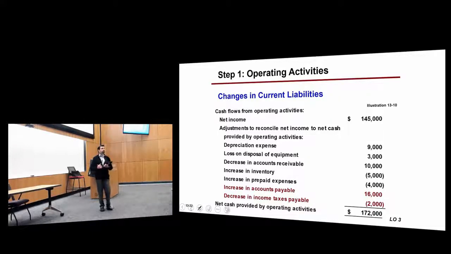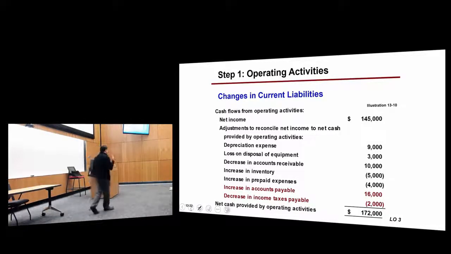You have a decrease in income taxes payable. Why? It means that simply you paid taxes, all the taxes of this year, but you also paid taxes from last year that were remaining from last year. So what happens? You paid more than you actually recorded as tax expense, right? You paid more.